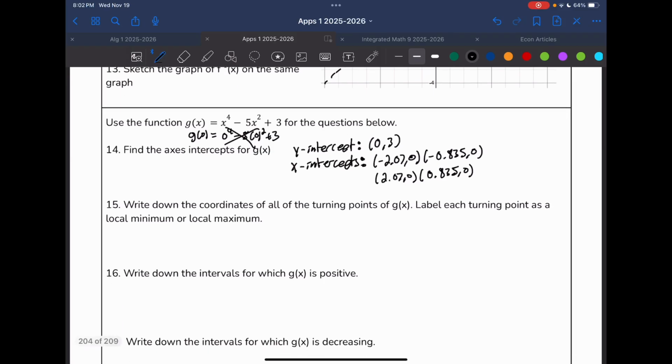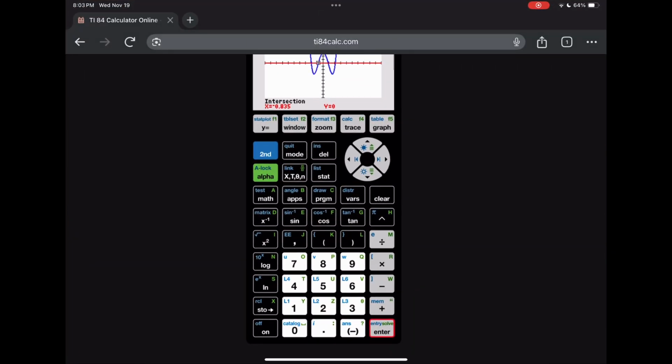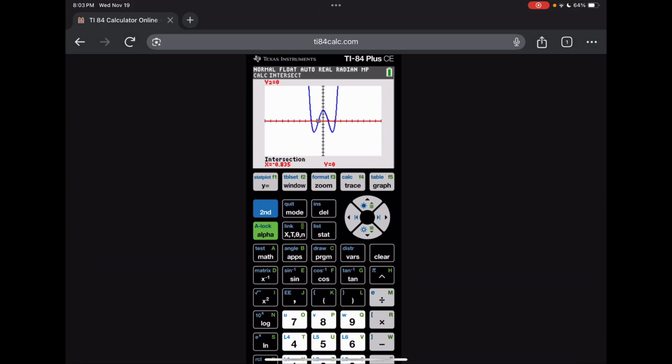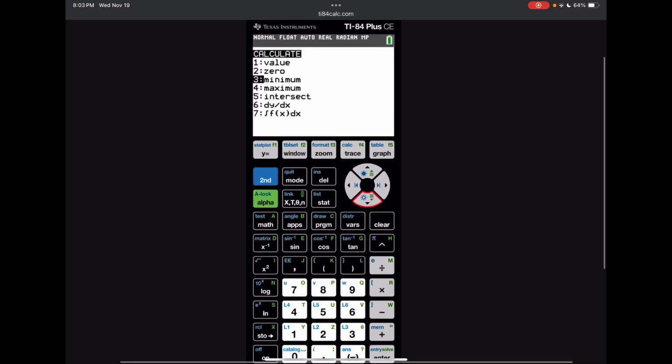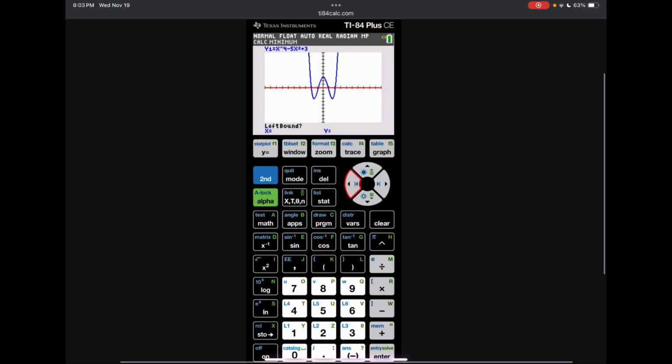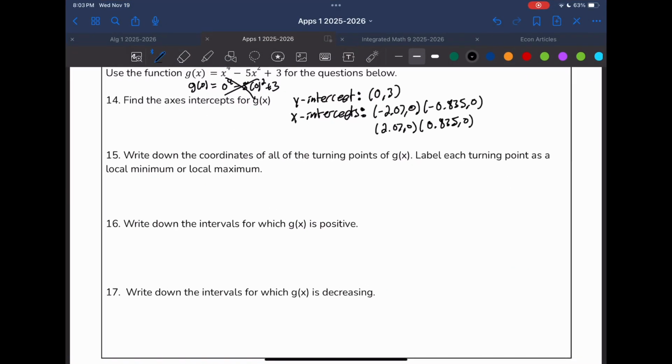All right. And then we want to label the turning point. So that's where the graph goes from increasing to decreasing or decreasing to increasing. So to do that, we want to go here, and then we can do the minimums. So we have 1 over here, which we can find like this. You see that it is negative 1.58, comma negative 3.25.